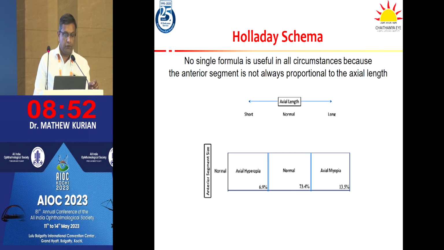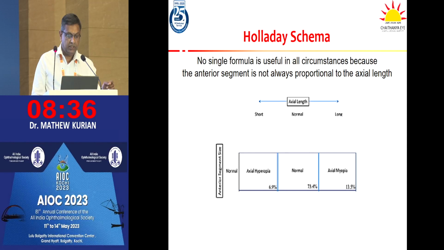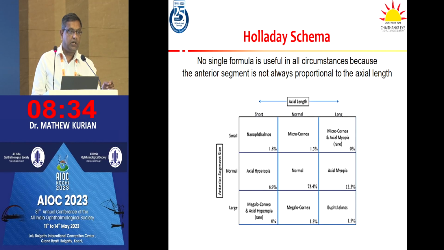The formulae we were familiar with for several years assumed that the axial length varied and the anterior segment size remained normal. So you had hyperopic, normal, and myopic eyes with a normal anterior segment size. But then Holladay proposed that it is actually not 3 subgroups of patients but 9 subgroups, and the behavior is different.